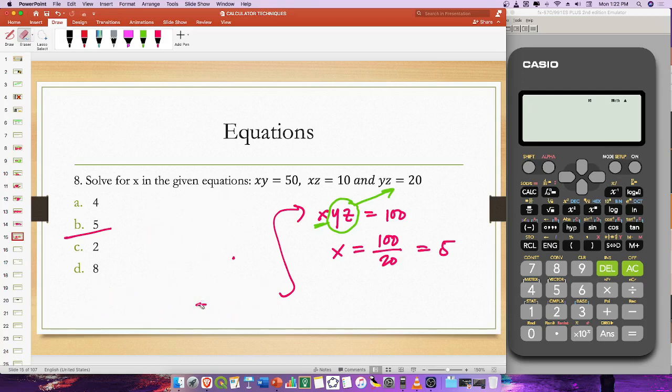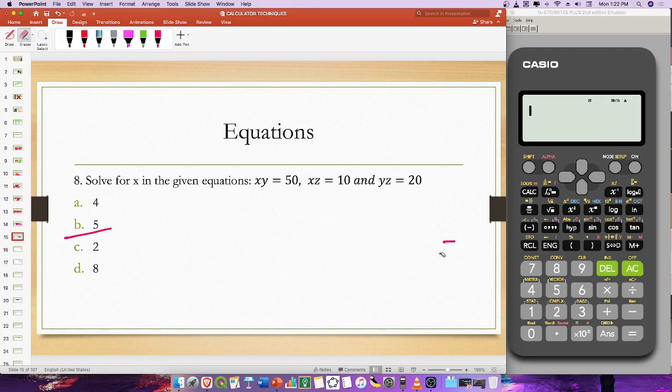So let's erase this first. Okay. So we know that the answer is 5, right? So now from the first equation, we are going to take the logarithm of both sides. So the logarithm of xy will become ln x plus ln y, which is equal to ln of 50.